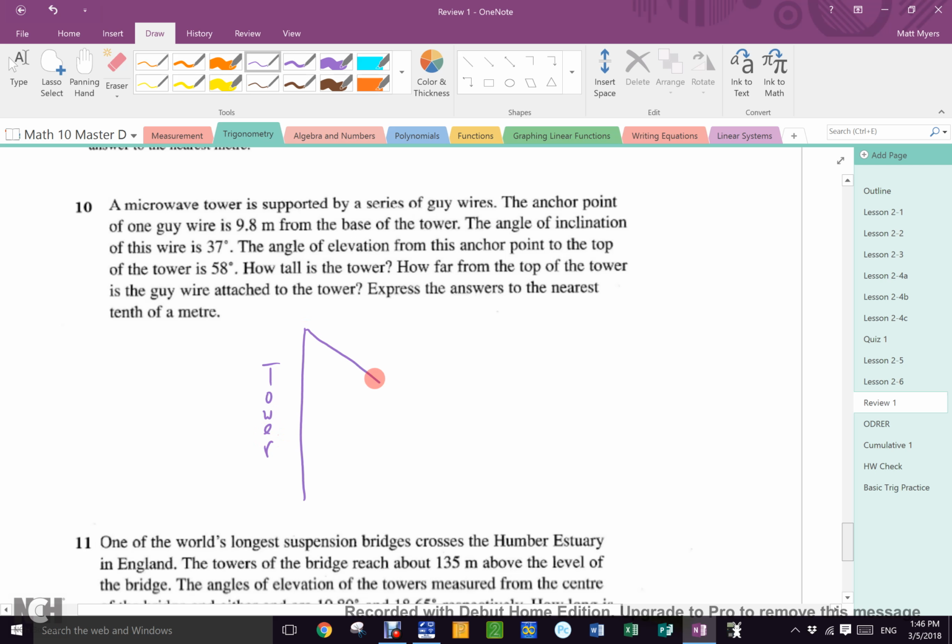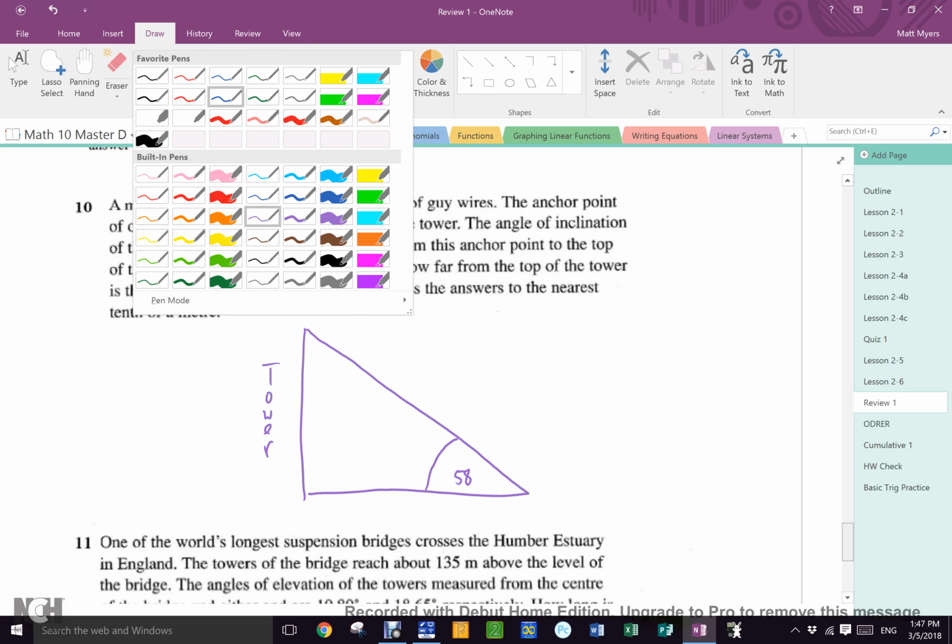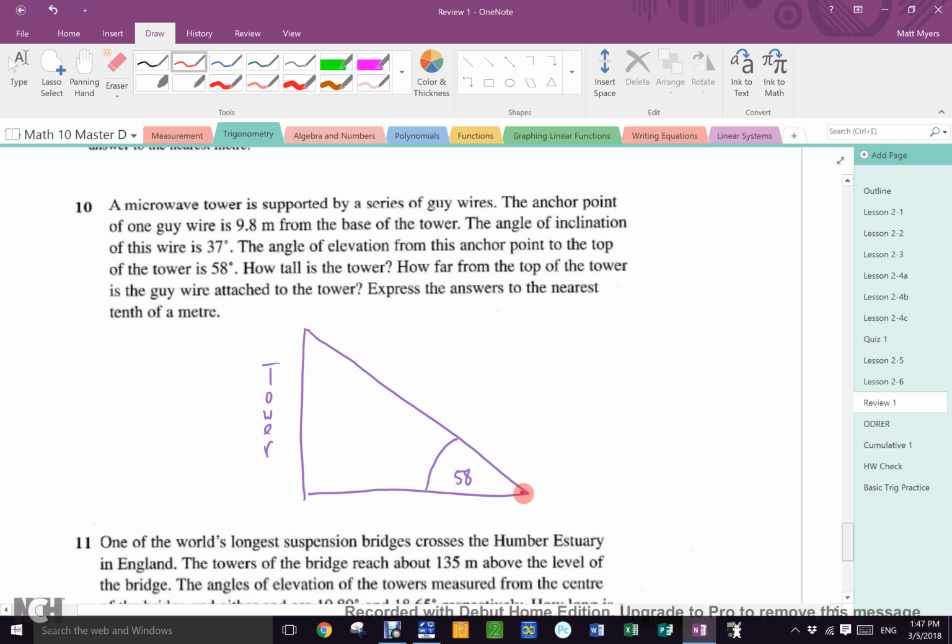There's one wire that goes to the top. What's its angle? 58, to the top. Then there's another wire that goes not quite to the top. What's it? 37.